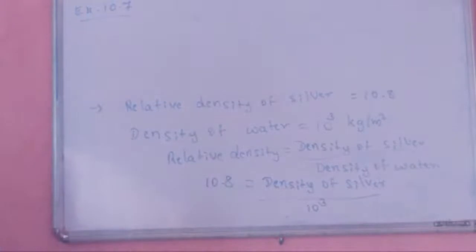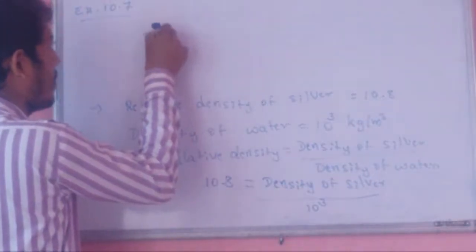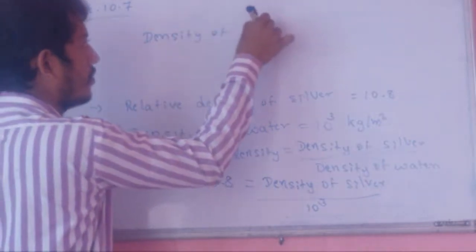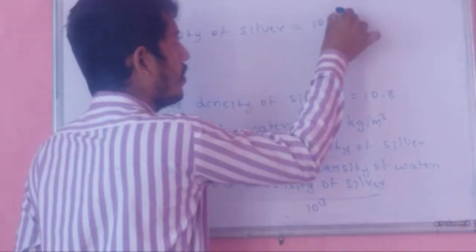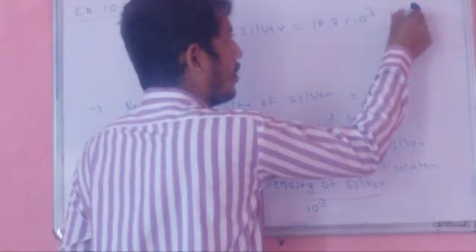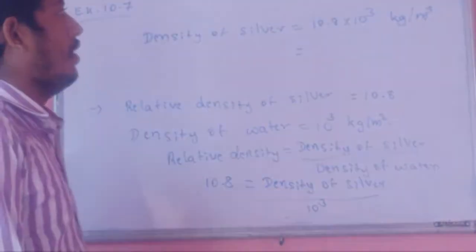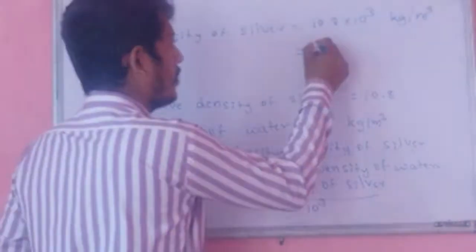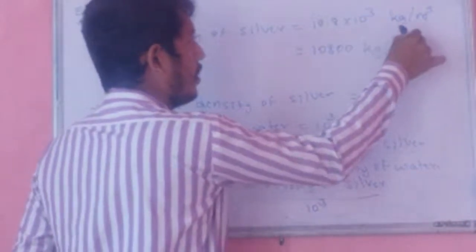Okay, when we cross multiply this, density of silver equals 10.8 into 10 raised to 3 kg per meter cube. When we multiply this, 10 raised to 3 becomes 1000, so it becomes 10800 kg per meter cube.